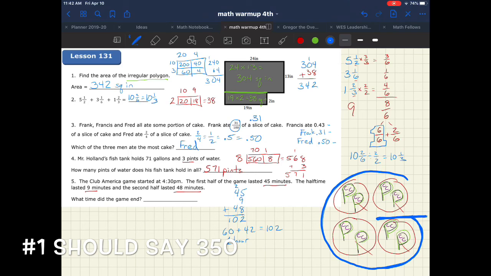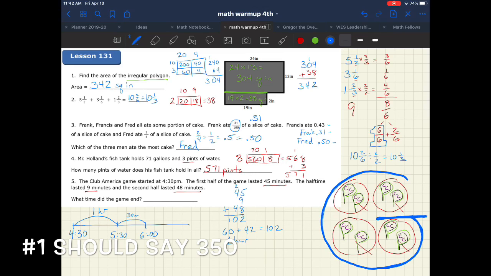So now let's go over here and start at 4:30. I like making the number line for the time. So I've got my hour. Adding an hour to 4:30 is easy. An hour after 4:30 is 5:30. Now we need 42 more minutes, but it's only going to take me 30 minutes to get to 6 o'clock.